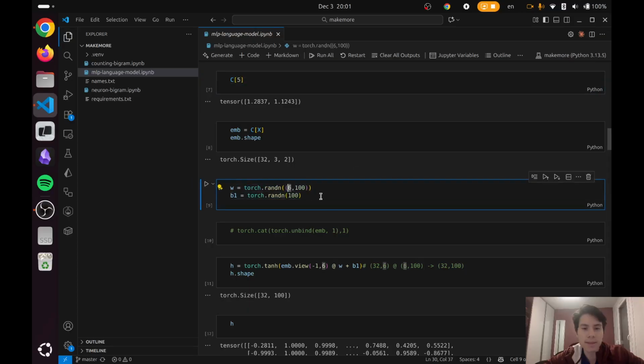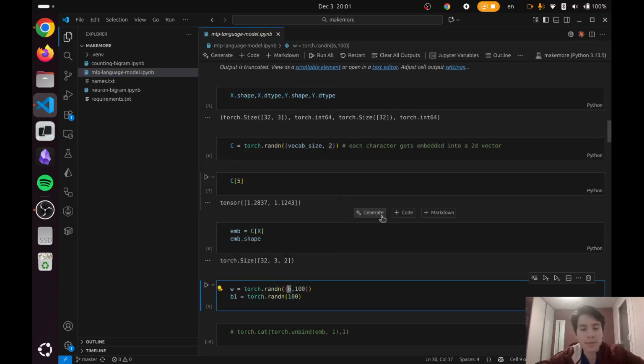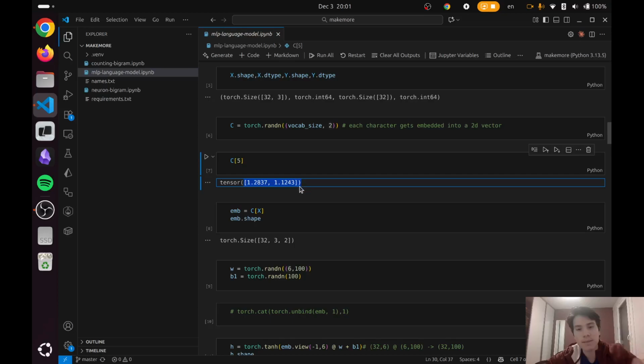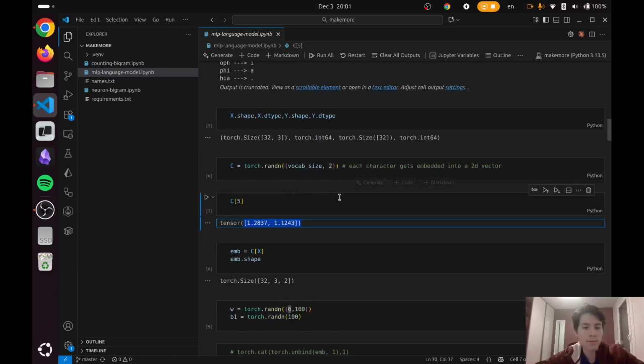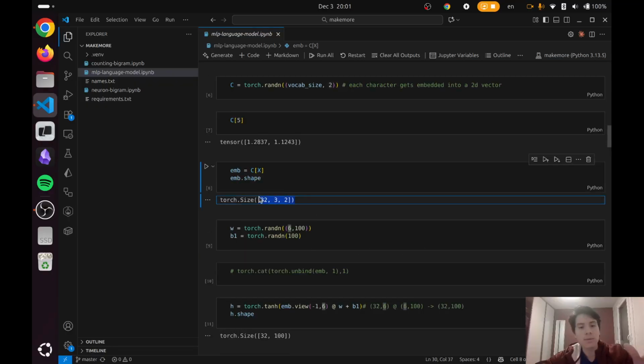We created 6 neurons, and in order to do this, we want to multiply the tensor, because this is the embedding. It's for each entry, and there are 3 entries, so it's 3 times 2, and this is for every element in the dataset. So if we have 32 in this case, then the size is 32,3,2, and we want to multiply this by the matrix of weights.